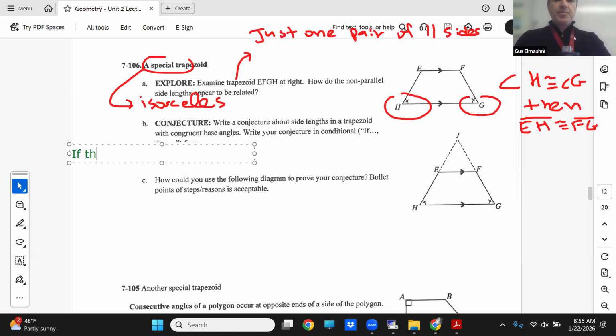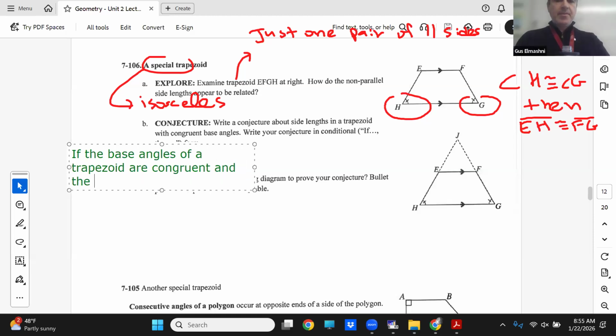If the base angles of a trapezoid are congruent, then the non-parallel sides are congruent.